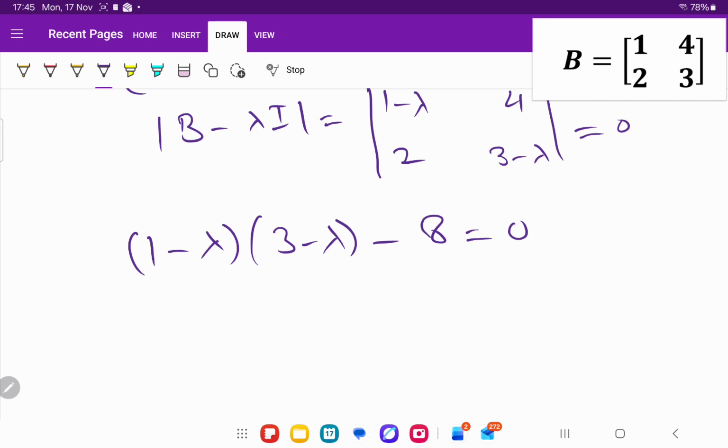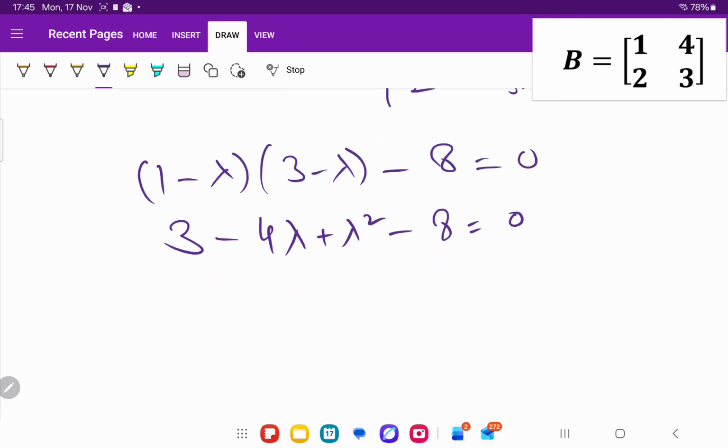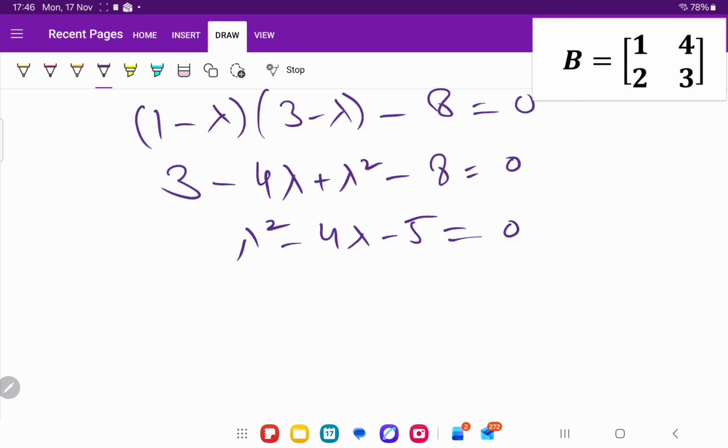So we multiply these algebraic expressions. So 1 multiplied by 3, answer is 3, minus lambda multiplied by 3 and minus lambda multiplied by 1, so 4 lambda, and minus minus plus is lambda square, minus 8 equal to 0. So minus 8 plus 3 is minus 5, so we can write lambda square minus 4 lambda minus 5 equal to 0. Solving this quadratic equation, we just factorize.